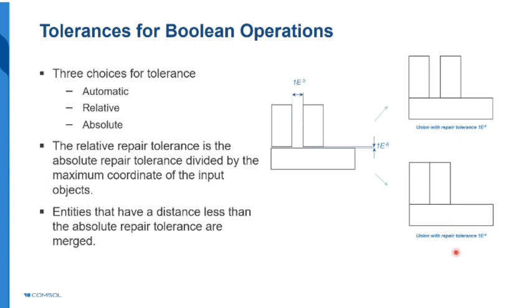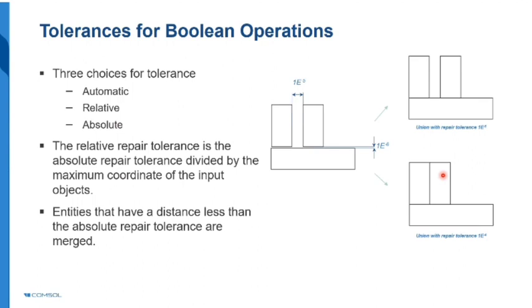If you are increasing the tolerance, or tightening the tolerance I would say, you will see that if the tolerance is taken up to 1e-4, the gap between these two squares will also get removed. The earlier example that I was talking about, when you have a block of 1 meter by 1 meter by 1 meter, the absolute tolerance will depend on the geometry that has been drawn.